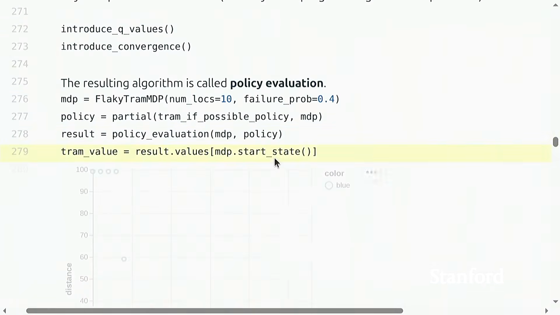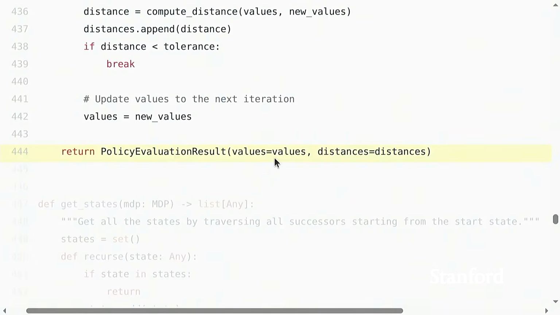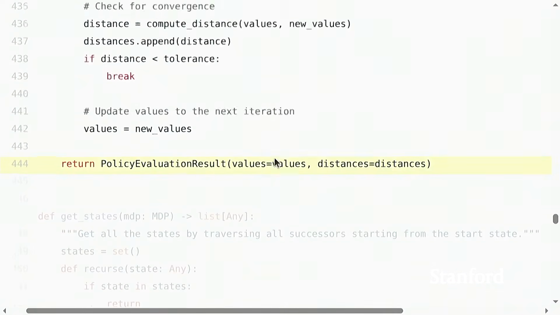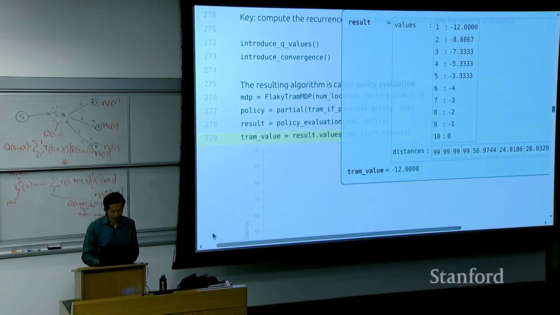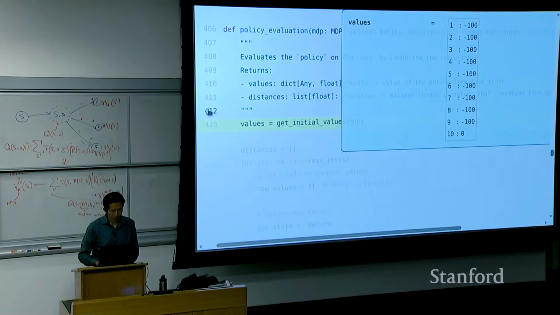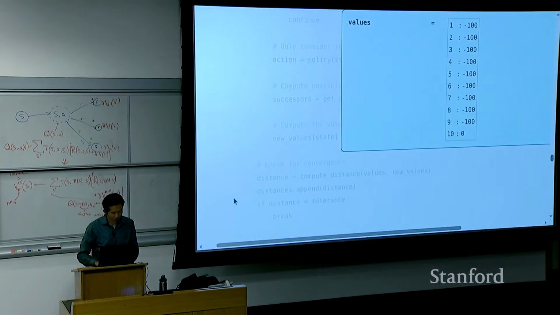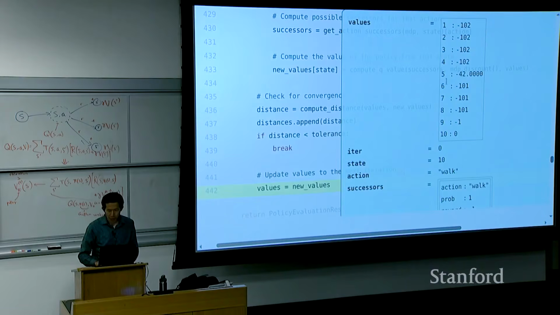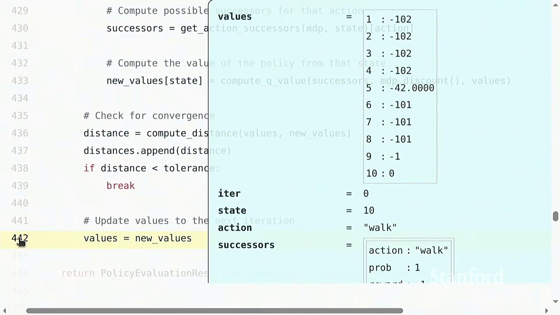So if you remember back here, if we just rewind time here. Okay, so if you remember, this is where it started, right? And so look at the minus 100s.